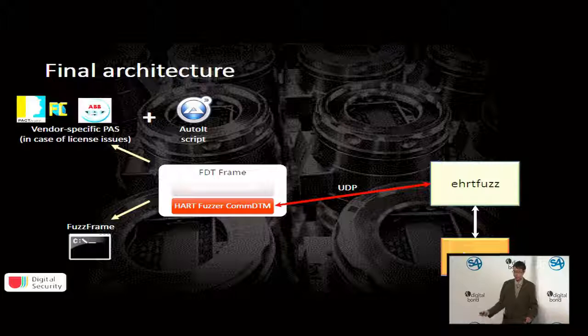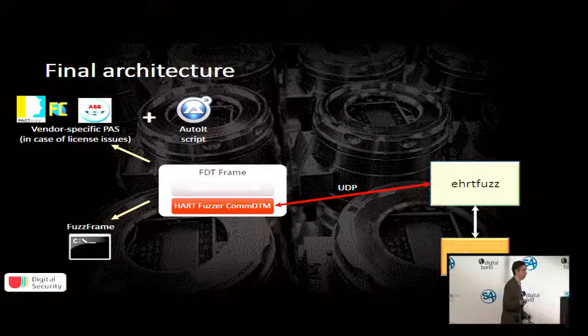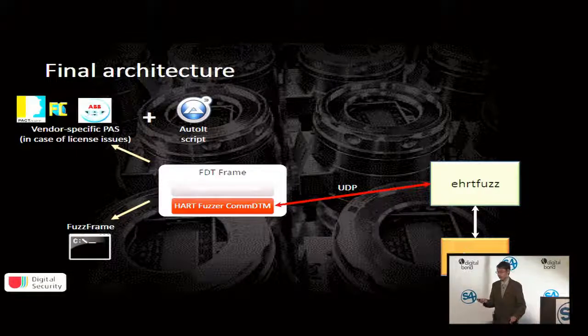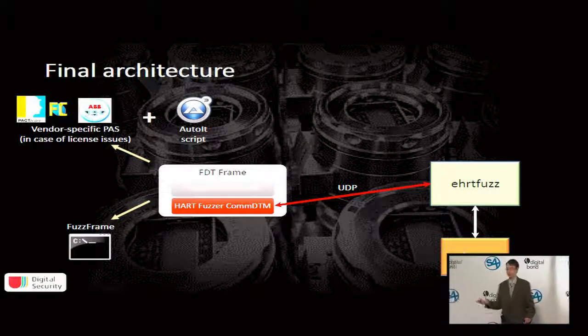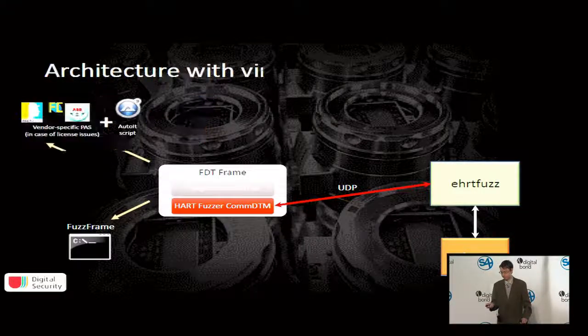There are two cases. If the component doesn't require a specific license, you just use the fuzz frame. In other cases, you need AutoIt plus some vendor-specific path or IMS system.